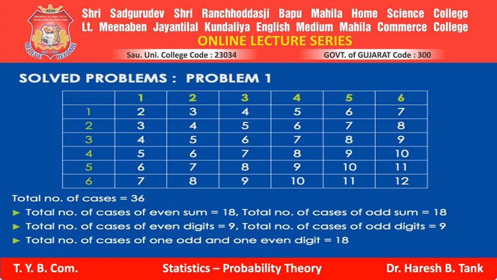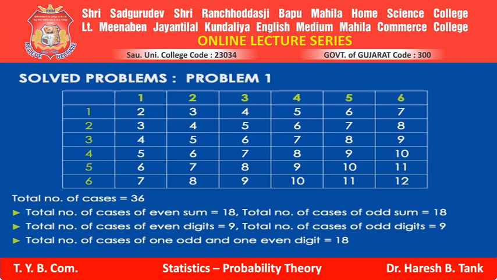2, 4, 6, 4, 6, 8, 4, 6, 8. Similarly, if you just count down each of them, the total number becomes 18. Similarly, total number of cases of odd sum, 3, 5, 7, 3, 5, 7. Similarly, if you just list out all of them, total number of cases becomes 18.